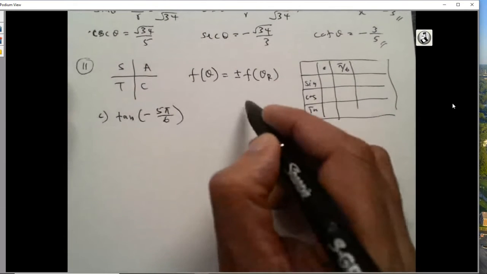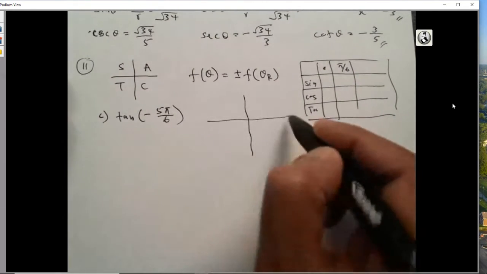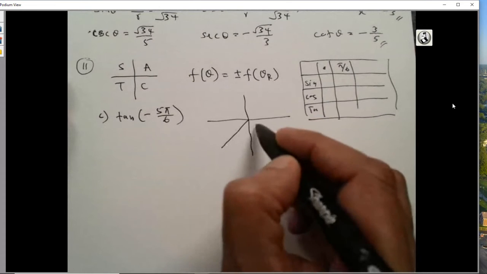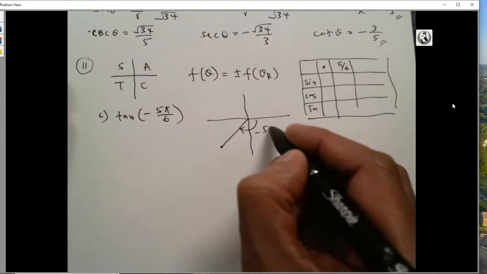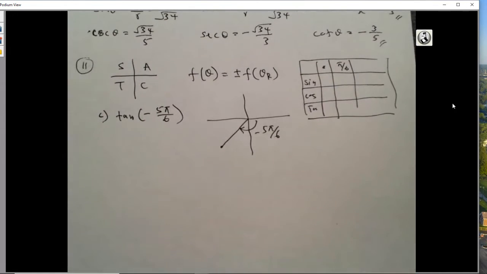So if you draw the angle, for this problem you have to draw the angle, okay? So that's the angle we are talking about. This is -5 pi over 6. Can someone tell me what's the reference angle?